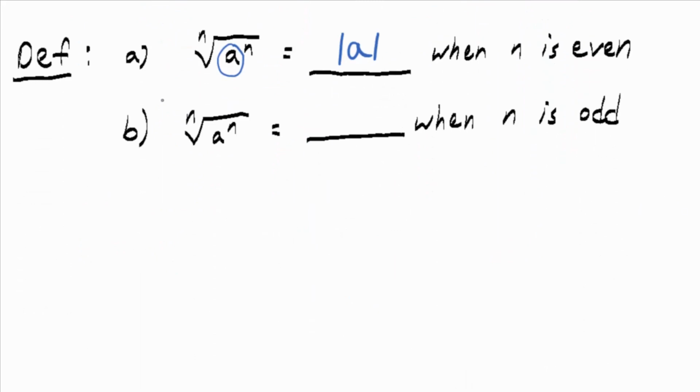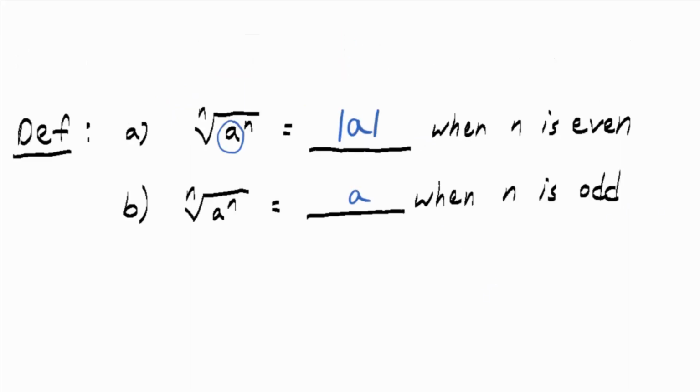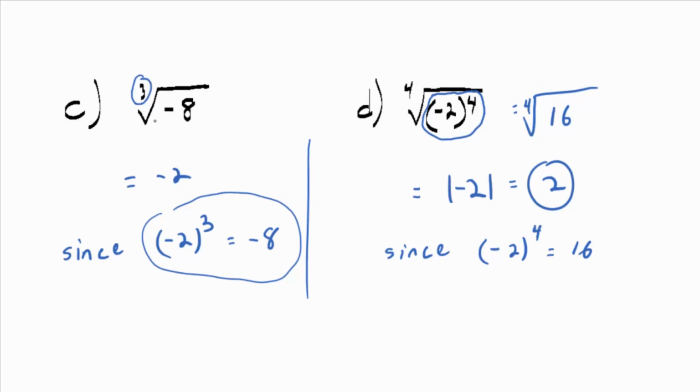Now, the problem doesn't exist if n is odd. So if n is odd, then the nth root of a to the n does turn out just to be a. And you can see that with the second to last example, right? You can think of the cubed root of negative 8 as the cubed root of negative 2 cubed.